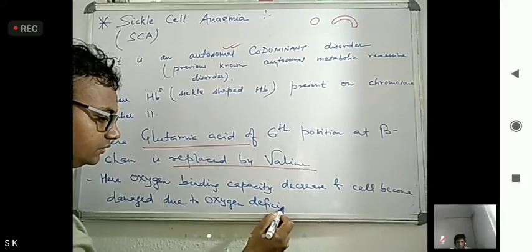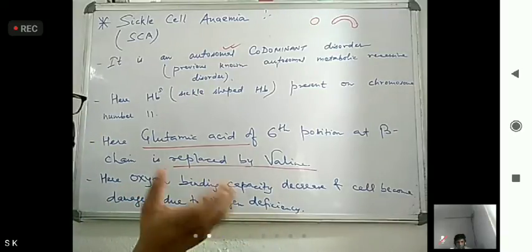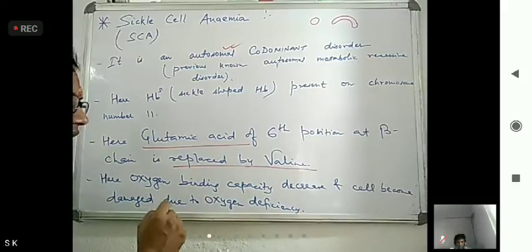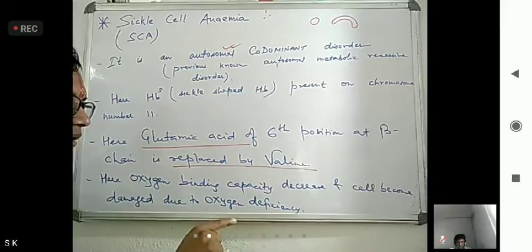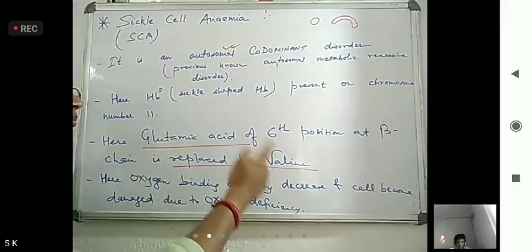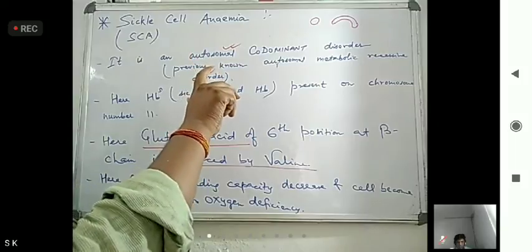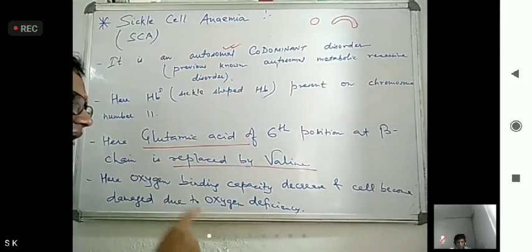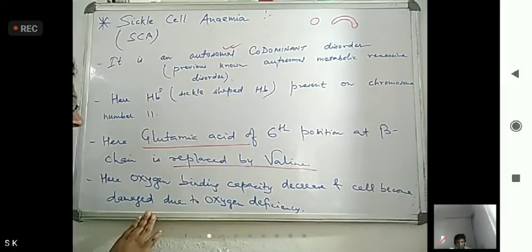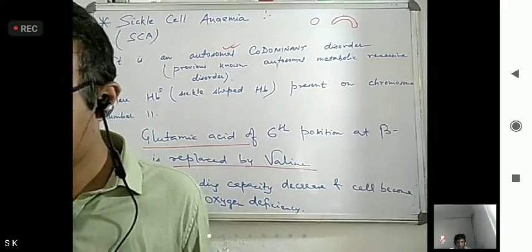Okay, so due to oxygen deficiency, what happens? How does this occur? Oxygen deficiency due to oxygen binding capacity decreased. How does this happen? Glutamic acid replaced by valine. That's why the normal hemoglobin of RBC becomes sickle shaped, and that sickle shaped doing what? Damaged the cell due to oxygen deficiency.